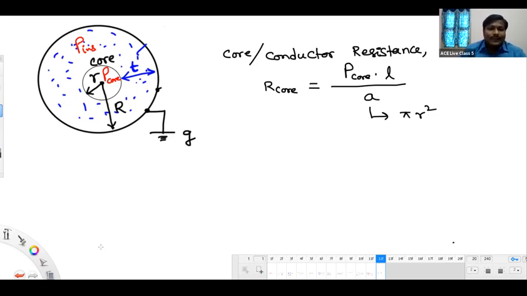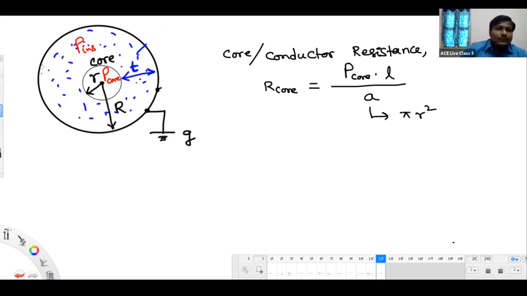If the skin effect and proximity effect are there, we have to take the multiplication factor, like 1.6 or 1.7, whatever it is. Leave it aside. Conductor resistance is rho L by A.